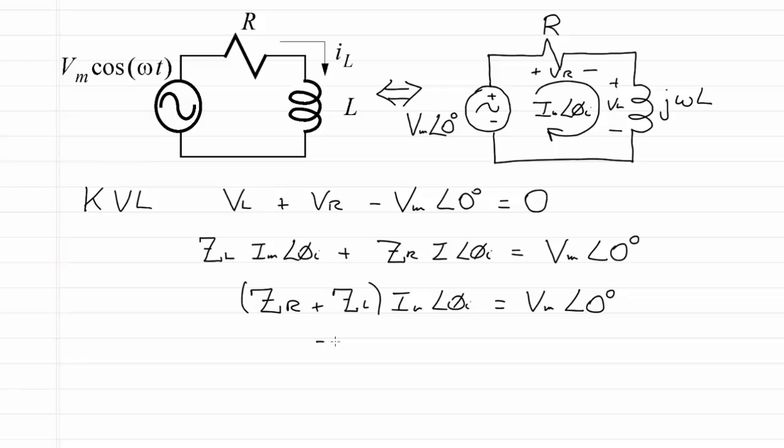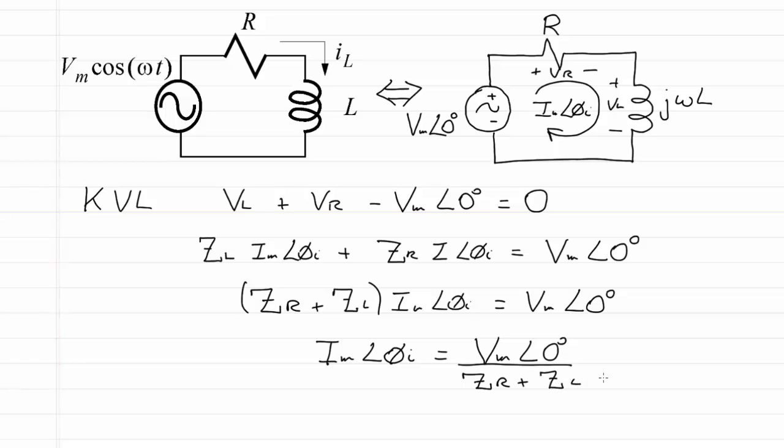And now you can see that I can solve immediately for the current I at the unknown angle, which will be equal to our voltage divided by the sum of these two impedances, ZR plus ZL.